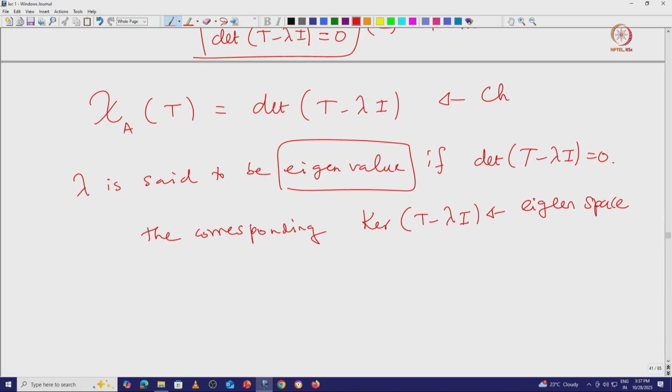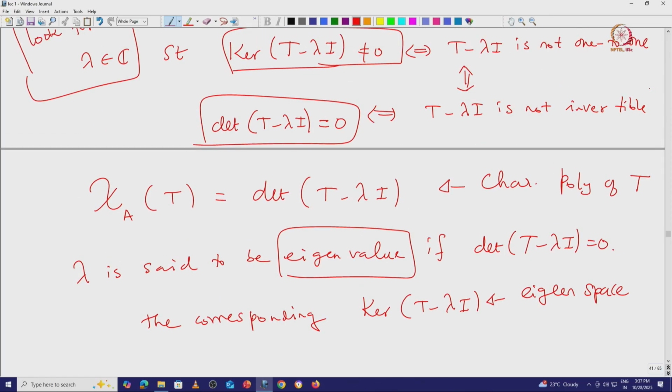This is called the characteristic polynomial of T. I am mixing the notation, so this should be written as chi_T of x or lambda.